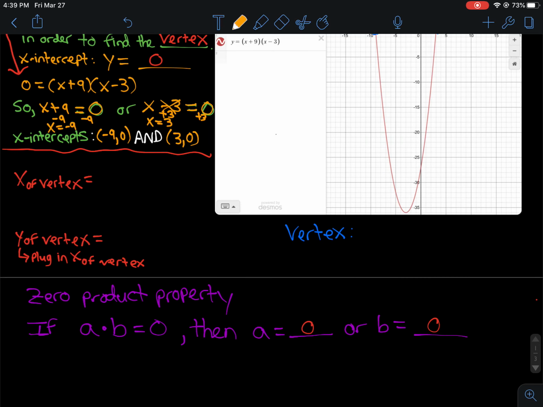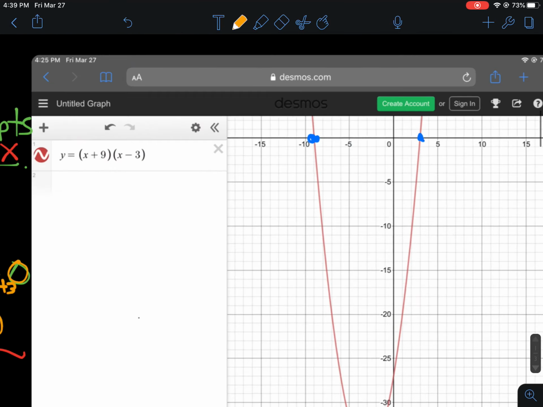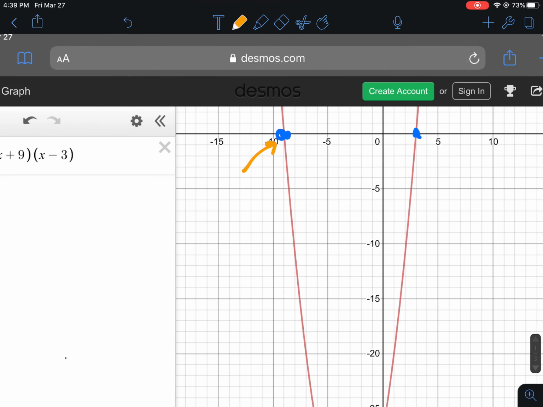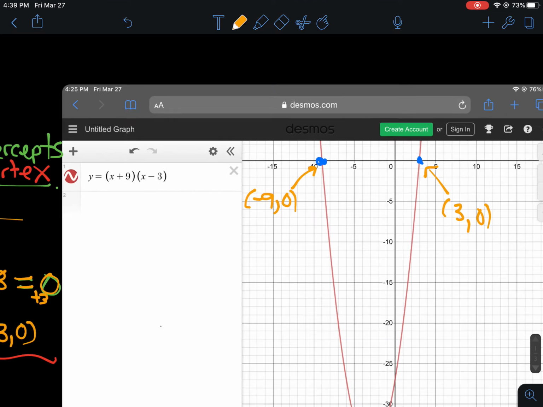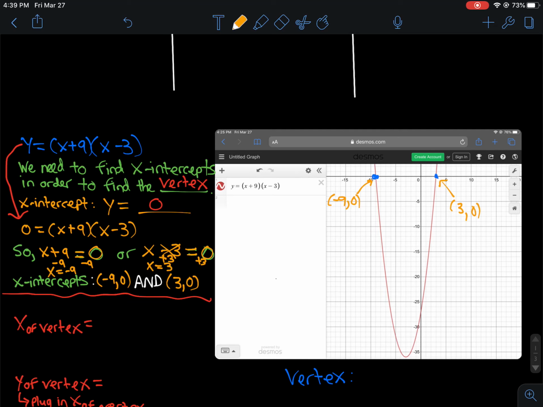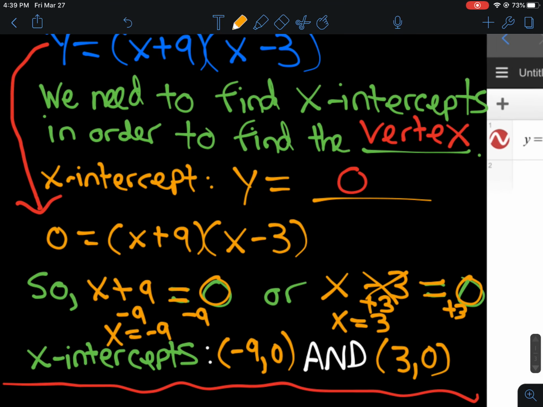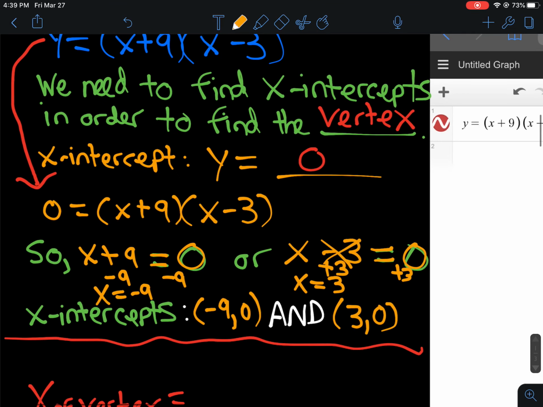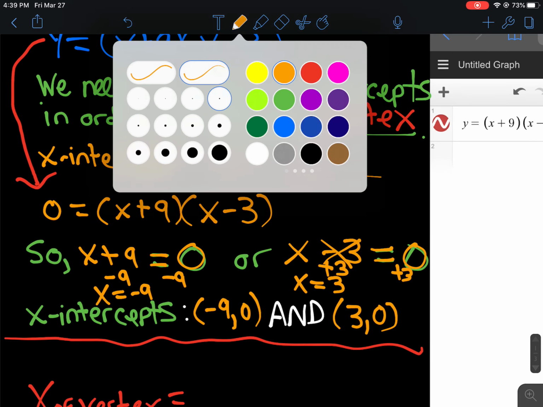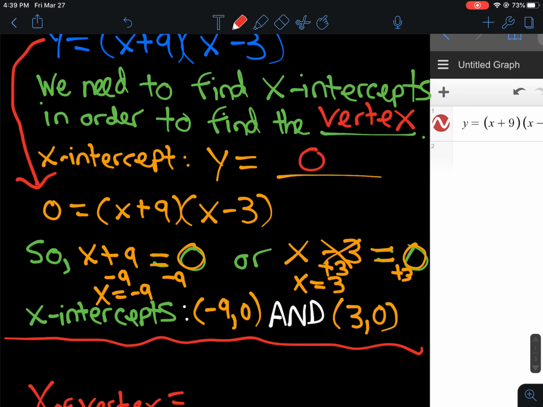If you look at the graph, that's consistent with what we have. There is negative 9 comma 0, and there is 3 comma 0. Really important to understand that. Now, something that people do is a shortcut whenever the number in front of x is 1. If there's a different number there, you do kind of the opposite of sliding and dividing, you put that number underneath, and you always just do the opposite.